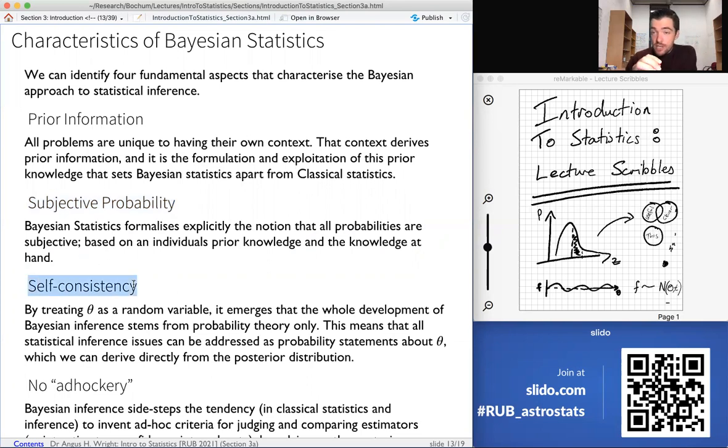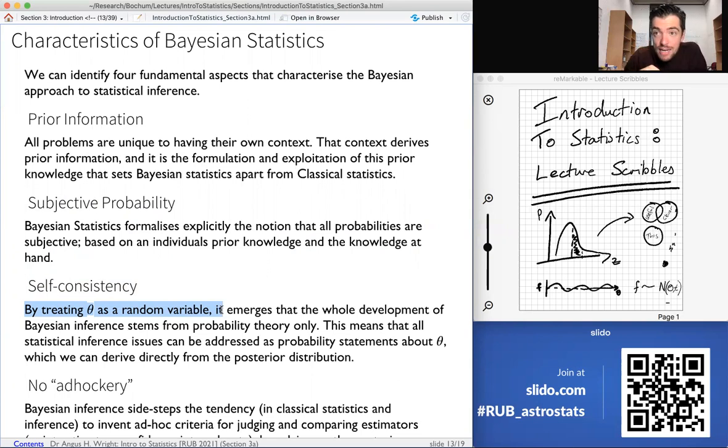The third thing is the idea of self-consistency, which is that by treating theta as a random variable, we can then generate the entire basis of Bayesian inference from probability theory alone. And this is why we studied probability theory before doing Bayesian inference, because all of the action that we are going to do in Bayesian inference is based in probability theory.